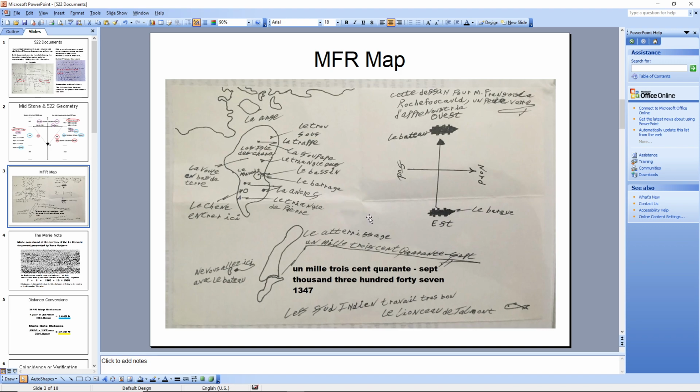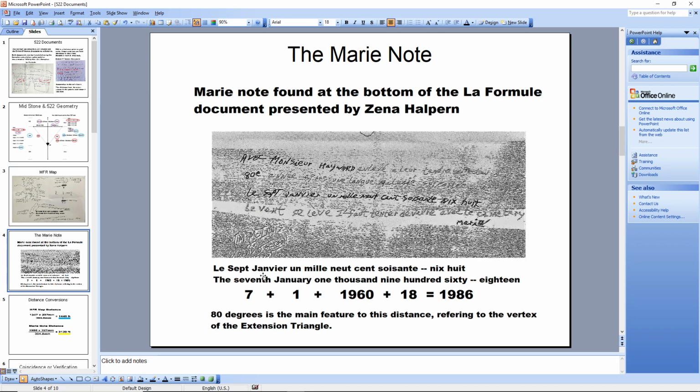We've done many videos on this, but what I'm going to focus on today is the 1347 distance and why this has a significance to Nolans cross.